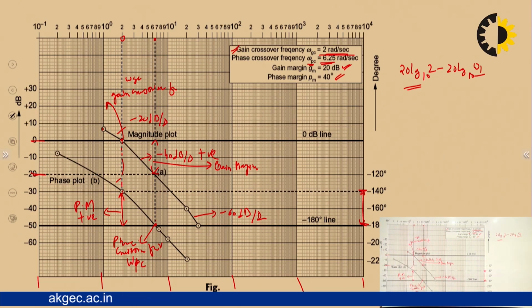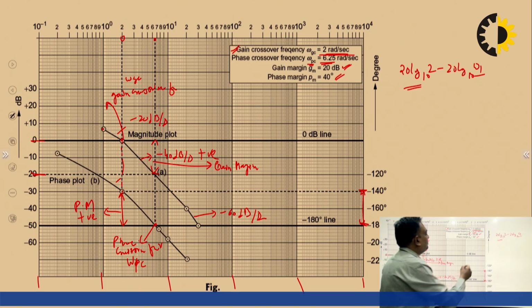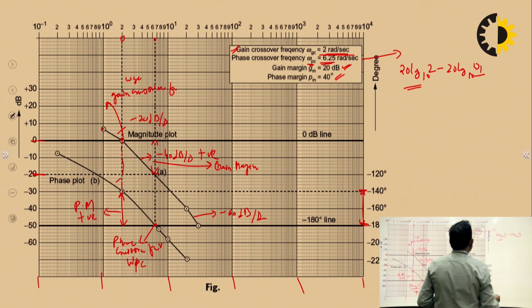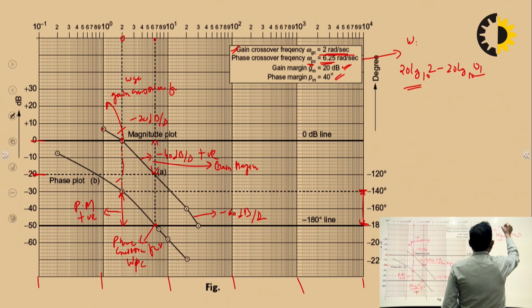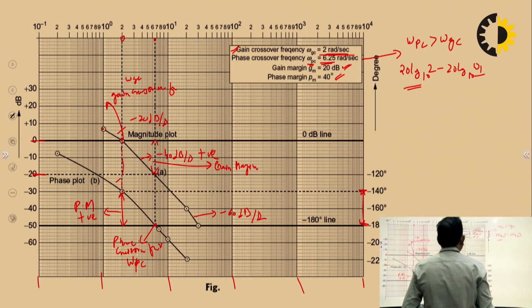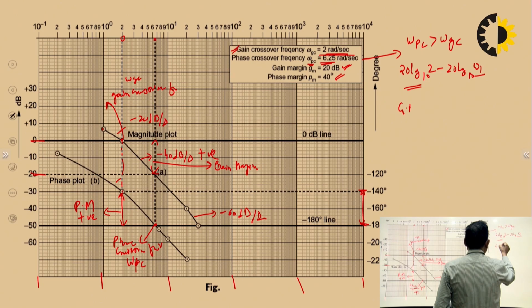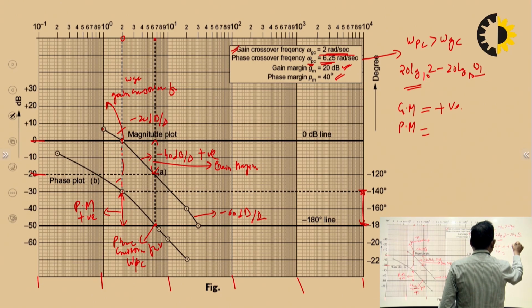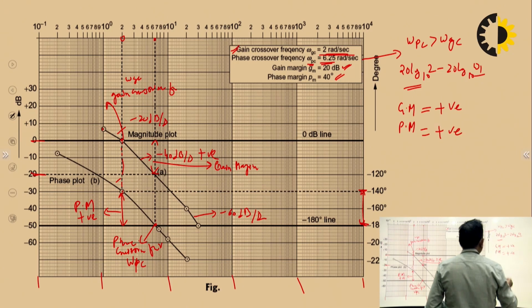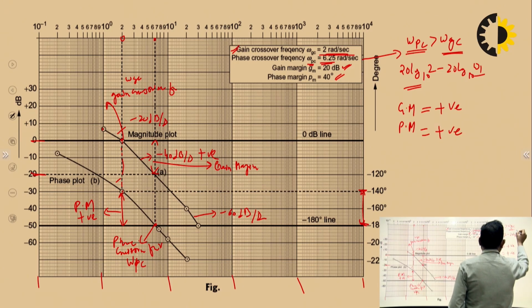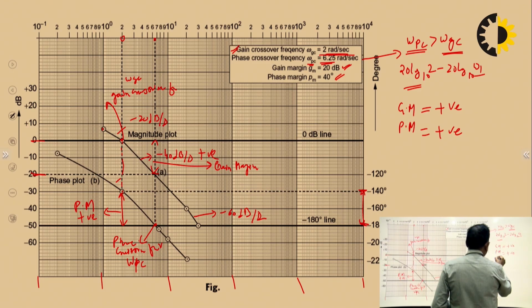You can see that the phase crossover frequency is greater than the gain crossover frequency, that is, omega PC is greater than omega GC, and both gain margin and phase margin are positive. In that case, the system is stable.